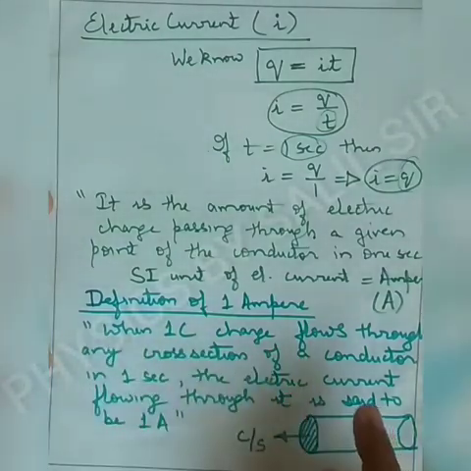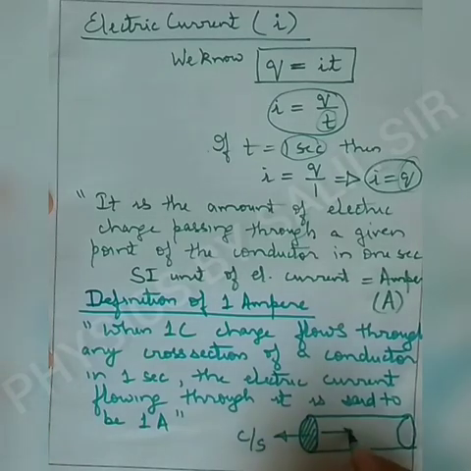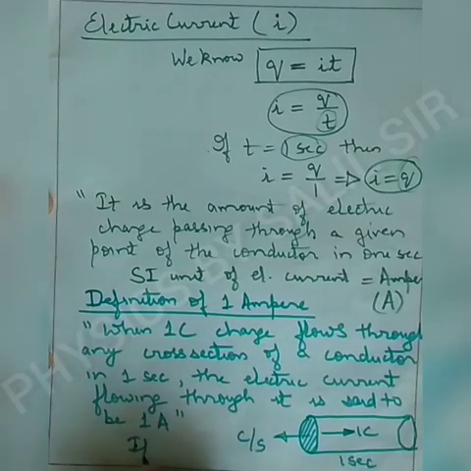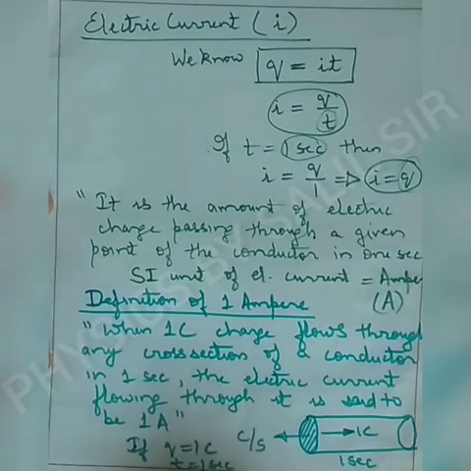So when 1 coulomb charge flows through any cross section of a conductor in 1 second, if Q is equal to 1 coulomb, T is equal to 1 second, then current I will be equal to 1 coulomb upon 1 second.